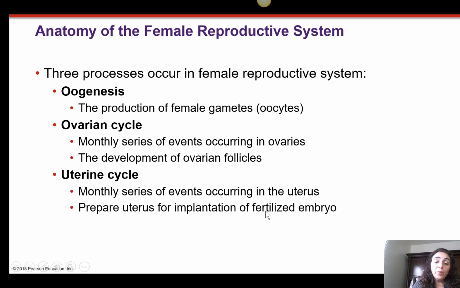That's the main purpose of all these things. We need the oocytes to be produced to have a gamete available, but then this gamete combines with the gametes that come from the male, the sperm, and they combine and make a zygote.